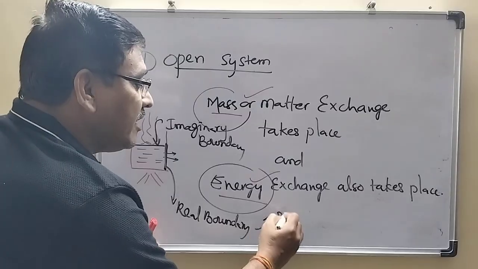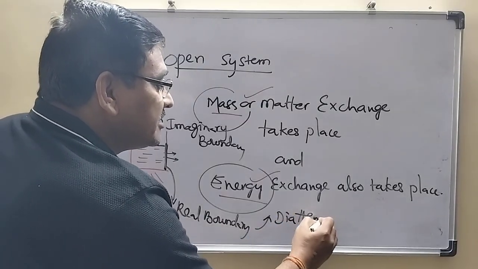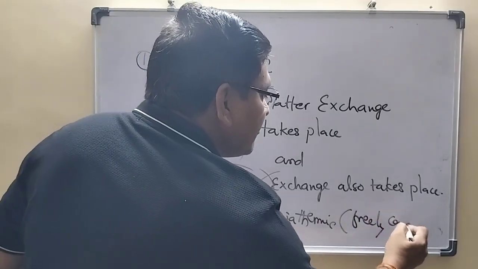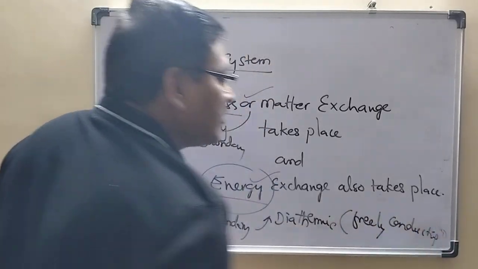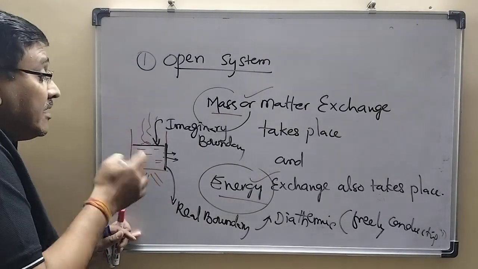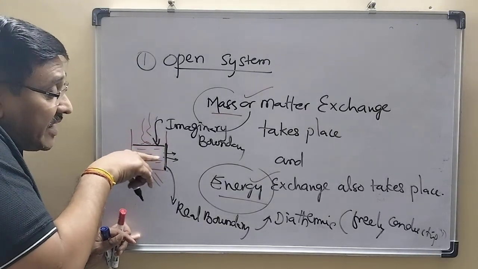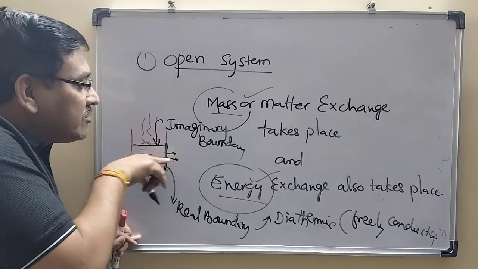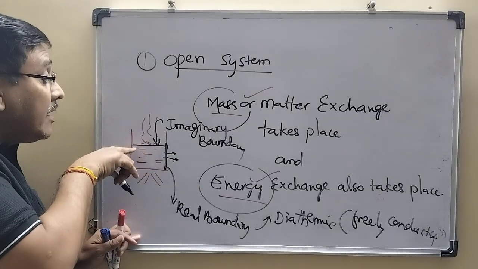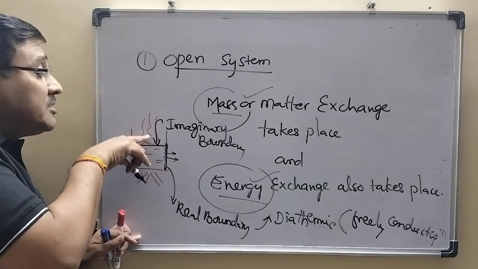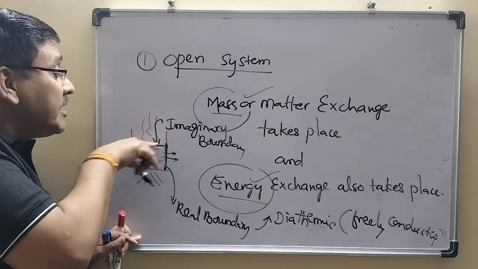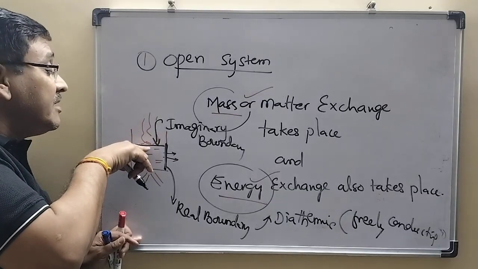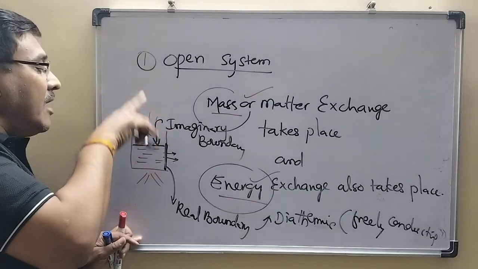Diathermic means it is freely conducting. So heat energy is transferred to the surroundings by means of this real freely conducting diathermic boundary. Similarly, there is a flow of mass in the form of evaporation by means of the imaginary boundary, which is also diathermic, that is freely conducting, in the above.